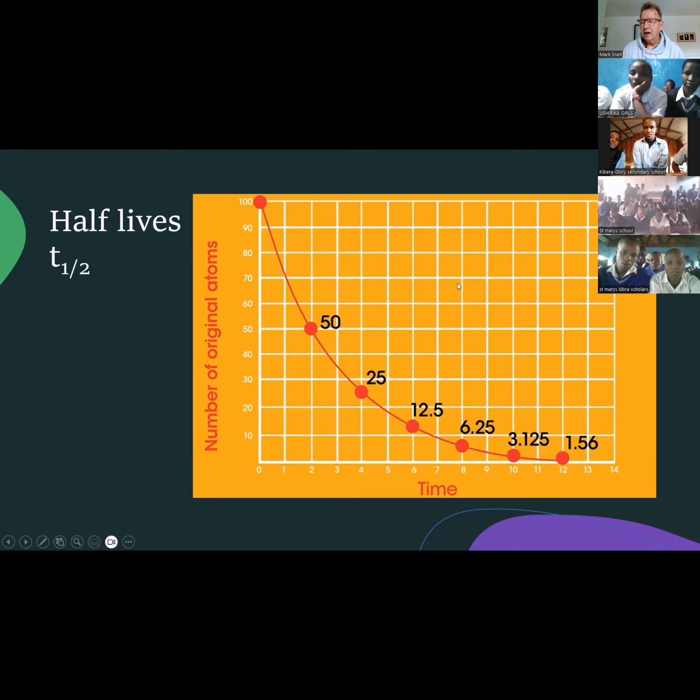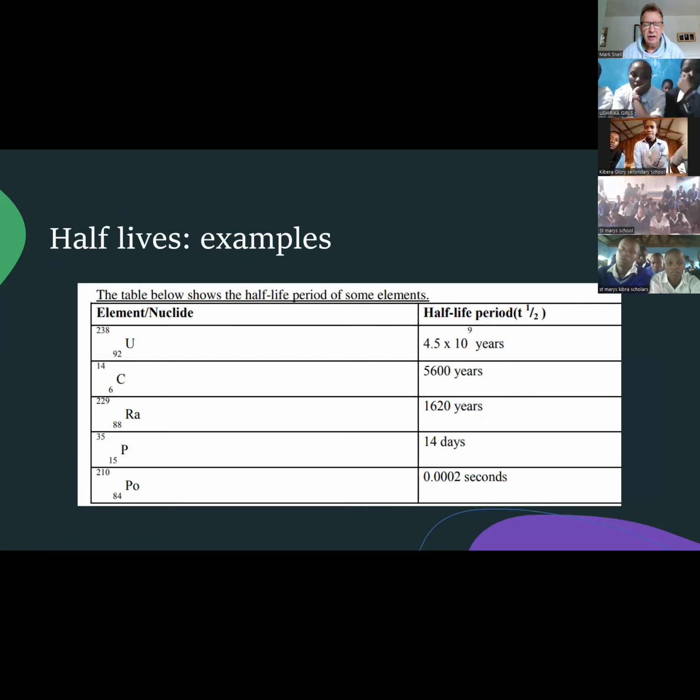Now, some half-lives are very, very, very long and some are very short. So here are some examples. So uranium-238 takes 4.5 billion years to halve its amount.